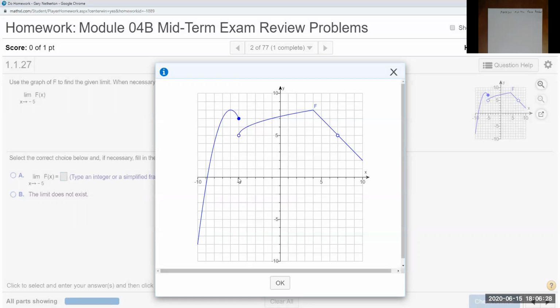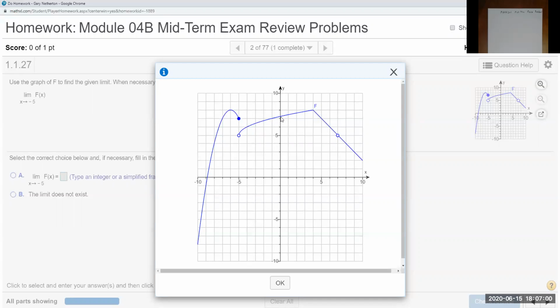So here's -5. So once again, when you check the limit of a graph, you have to approach it from the left and from the right and see what they equal. So when I approach -5 from the left, you can see it goes to this point here, and it looks like it's 7. So approaching from the left, the function approaches a value of 7.